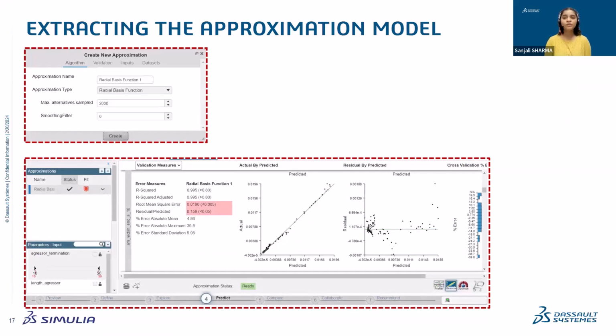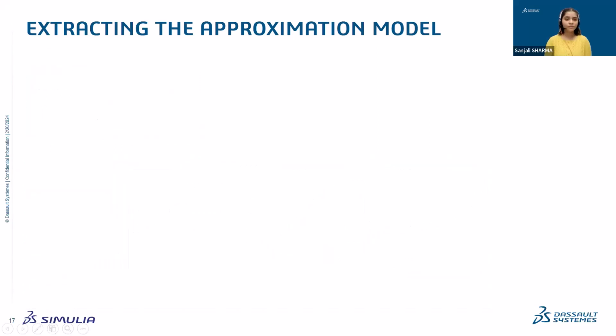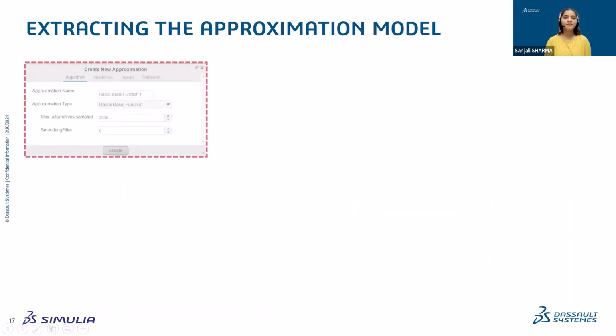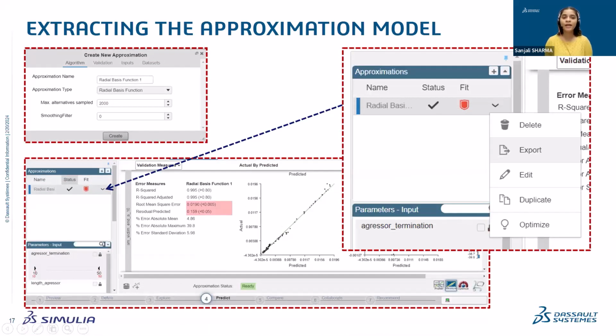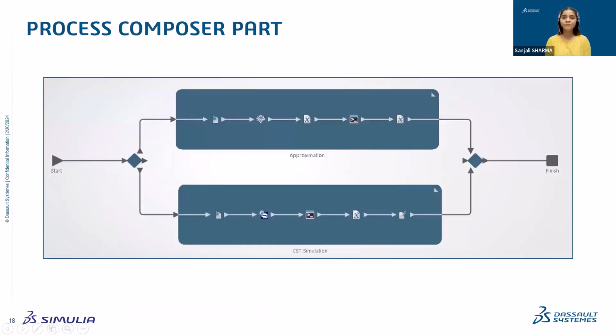Once the approximation coefficient data is ready, which is indicated here, we can export the data from the result analytics app, and we can use this exported data later. In the next step, in the optimization process composer app, we run two activities.